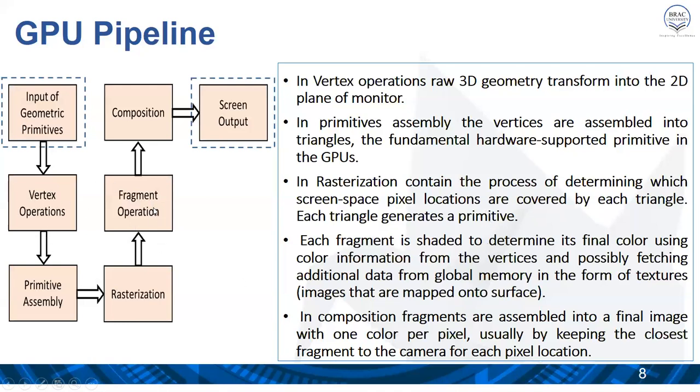And the fragment operation. Each fragment is shaded to determine its final color using color information from the vertices, as well as fetching additional data from global memory in the form of textures. And the final process is the composition. In the composition unit, the fragments are assembled into a final image with one color per pixel, usually by keeping the closest fragment to the camera for each pixel location.